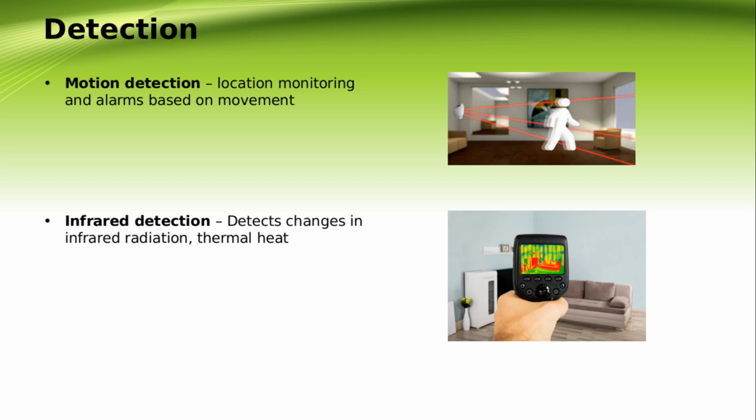A motion detector contains a sensor that is integrated with other technology to trigger an alert when a moving object is in the sensor's field of view. Motion detectors can be based on light, sound, infrared or ultrasonic technology.